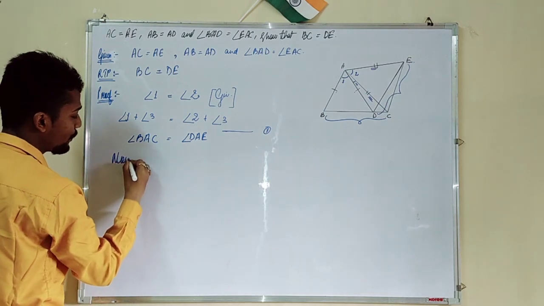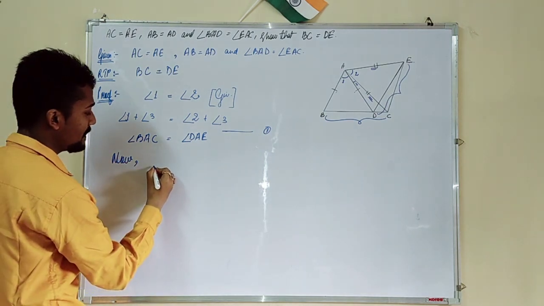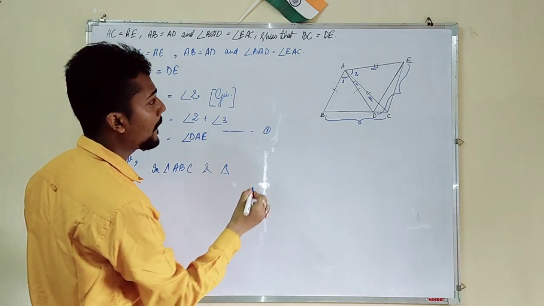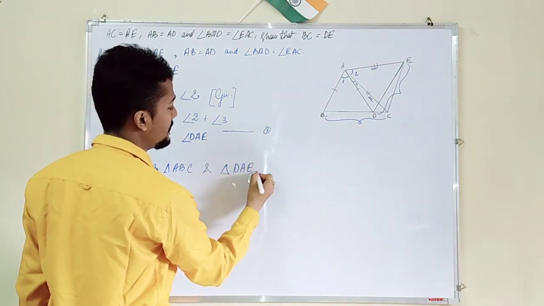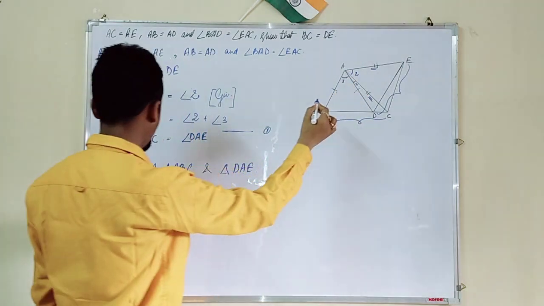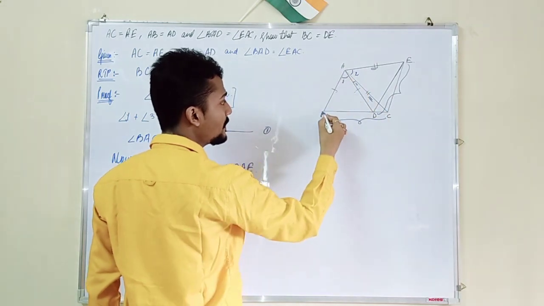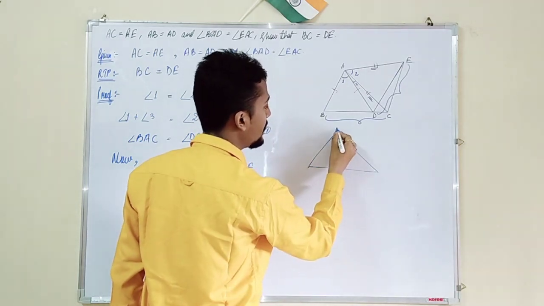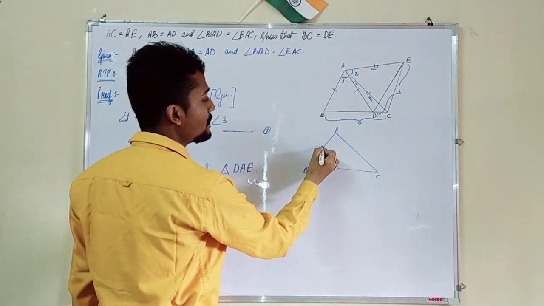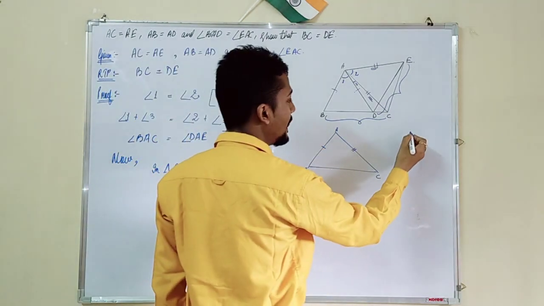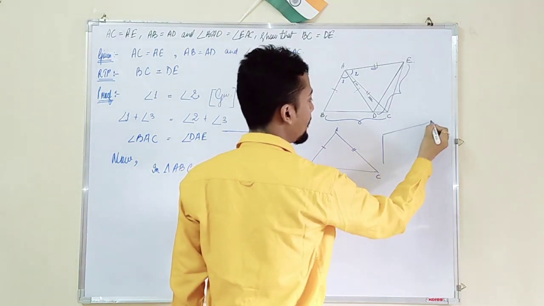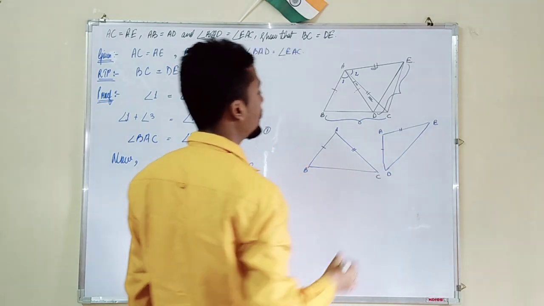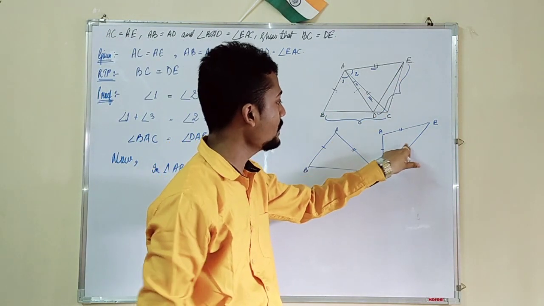Okay, so now what is to be done? In triangle ABC and triangle DAE, see carefully, this particular triangle ABC, I am drawing in rough, and this particular triangle ADE.